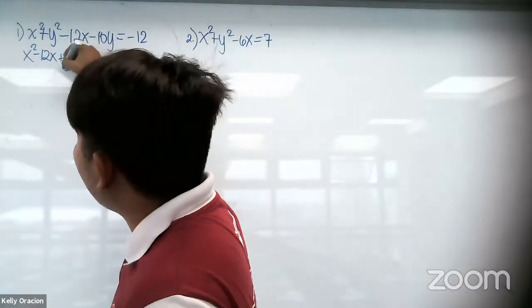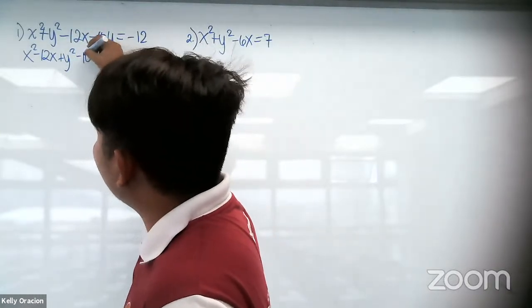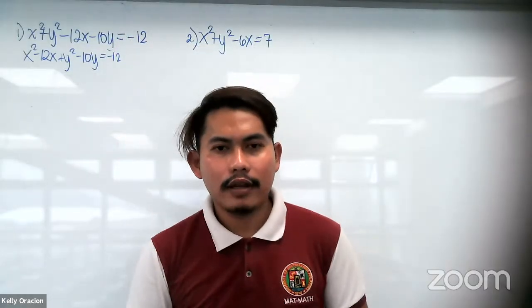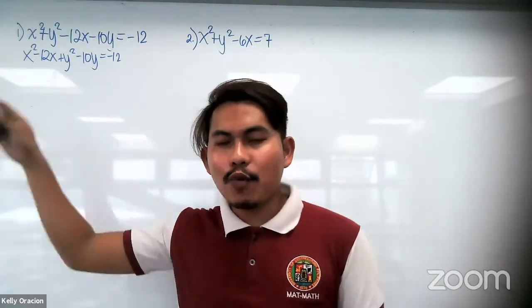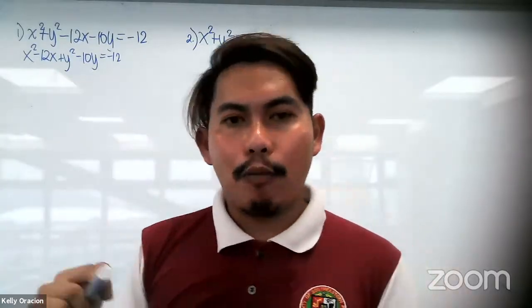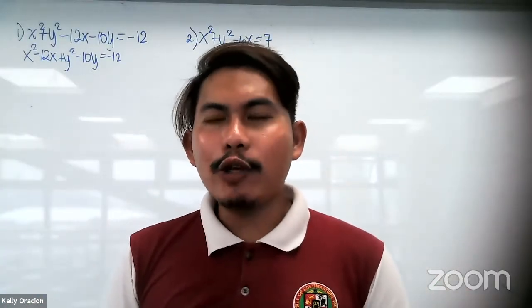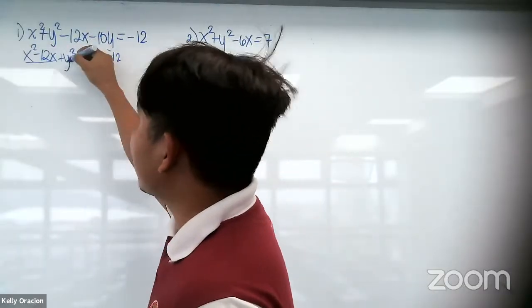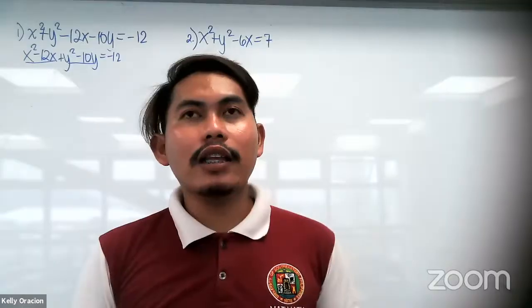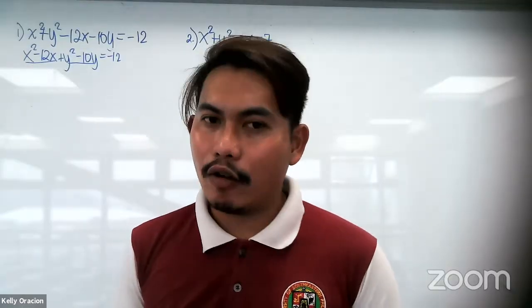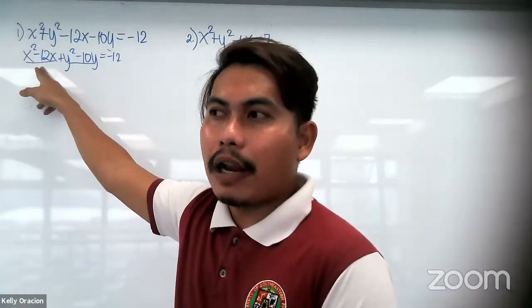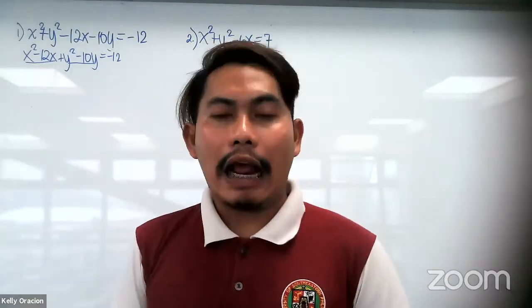Y squared and negative 10y plus negative 12. Okay? Then after this one, ito na yung process ng completing the square. Okay? Ito na yung process ng completing the square. Kasi ito siya at saka ito, hindi siya pwede matawag na perfect square trinomial. Kulang ito ng constants para matawag siya na perfect square trinomial.